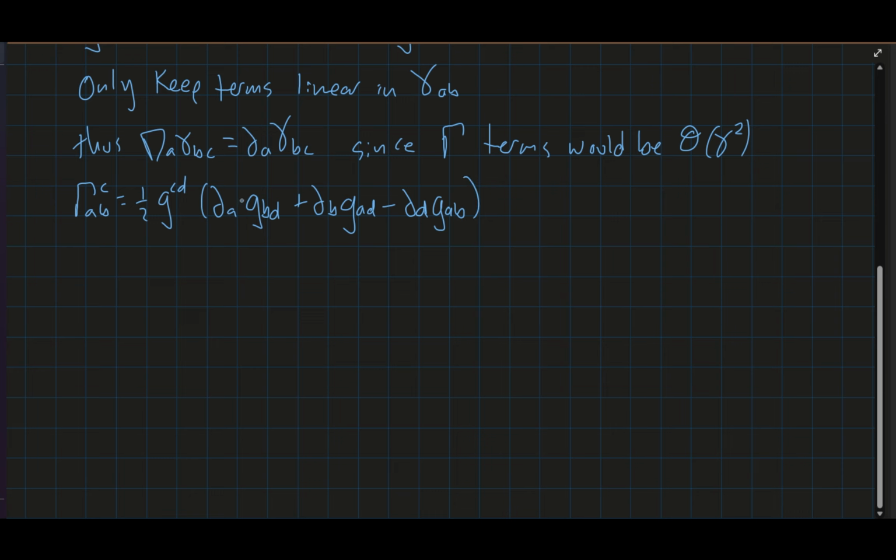Now, remember we're going to swap our metric out with the flat spacetime metric plus a perturbation, and we know the derivative of the flat spacetime metric is just 0. So we can rewrite this off the bat like this.